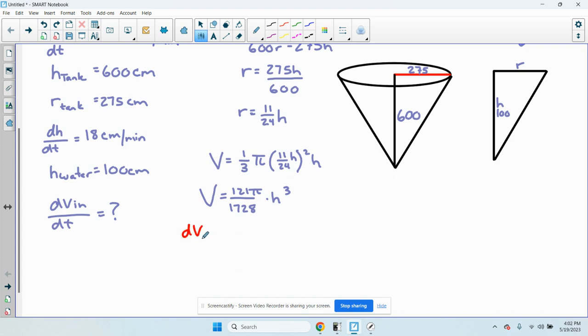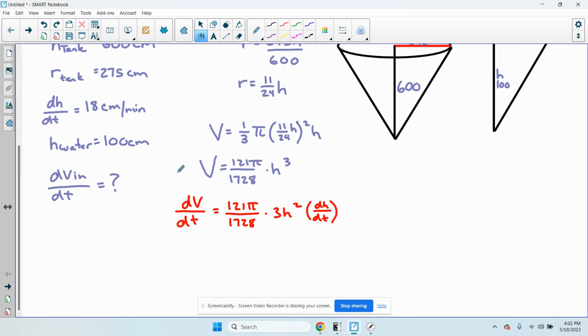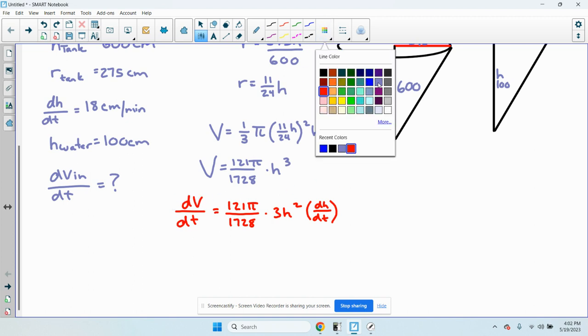V becomes dv over dt. This 121 pi over 1728, we can leave that there for right now, times 3h squared dh dt. So I can multiply the 3 by that fraction to clean it up a little bit. Okay, so we have dv dt, which, if you know, is the rate of change going in plus the rate of change going out.